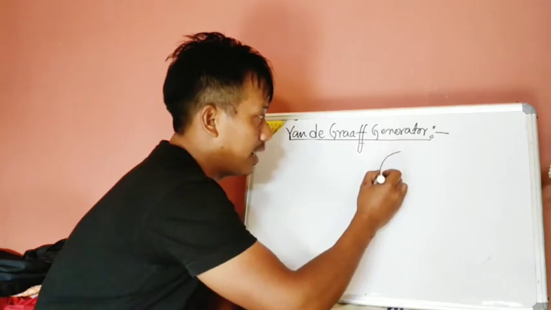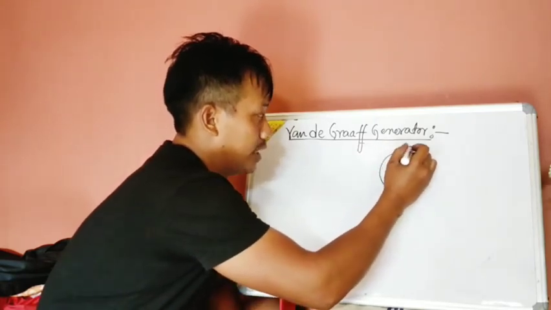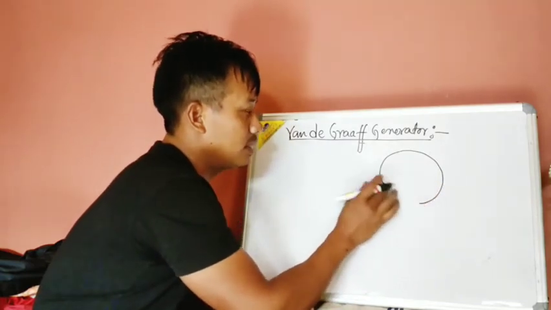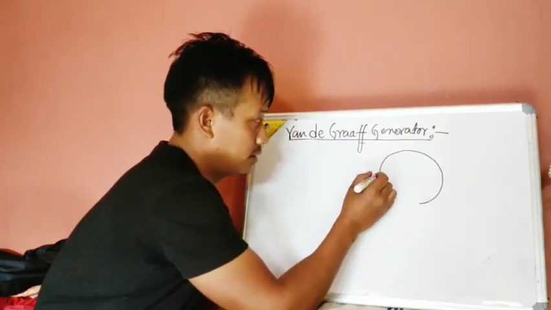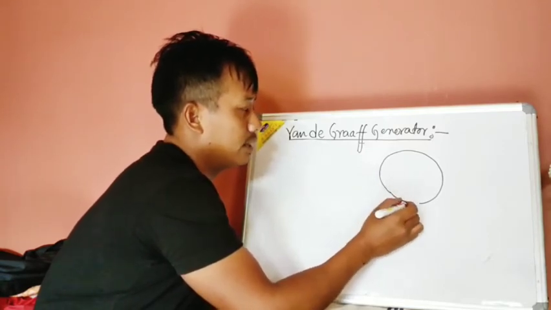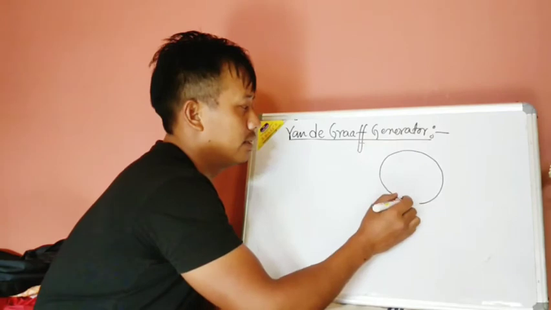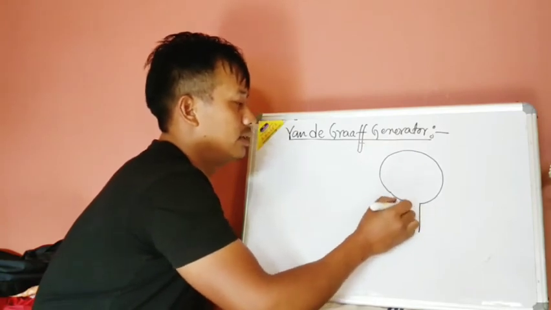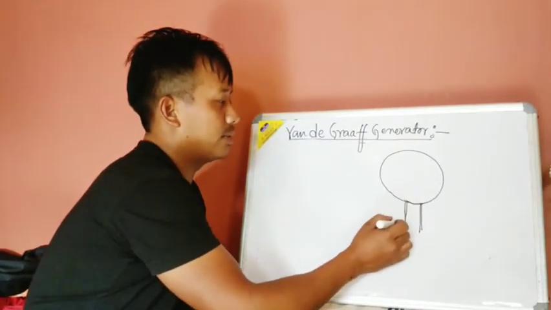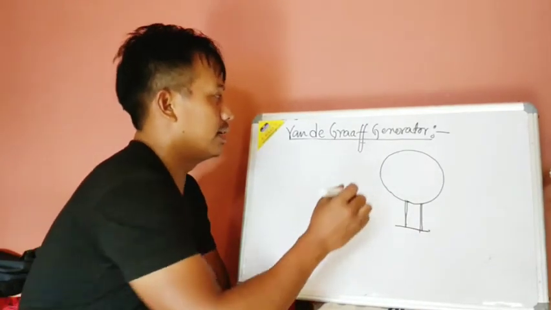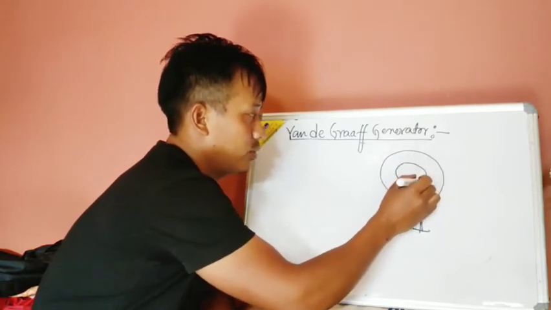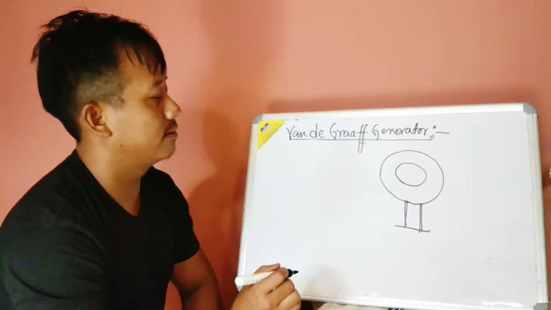In order to explain the principle, you have a metallic spherical cell like this, supported by an insulator column, and you keep another smaller cell inside.